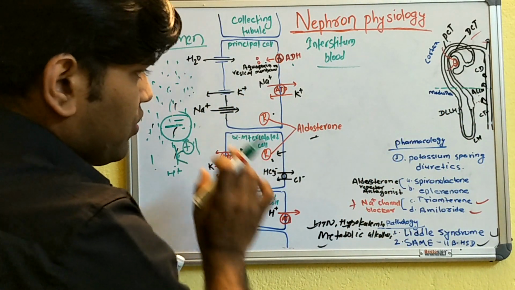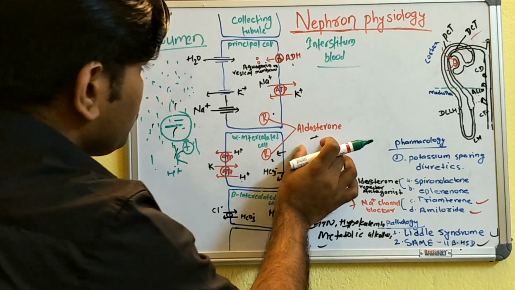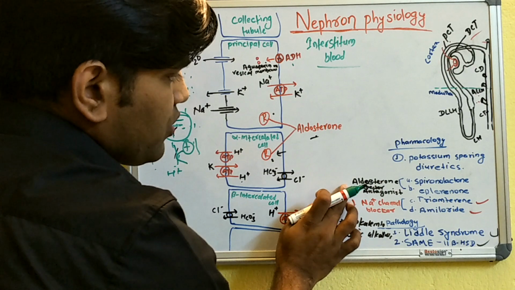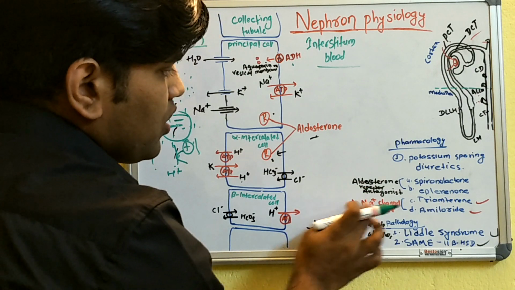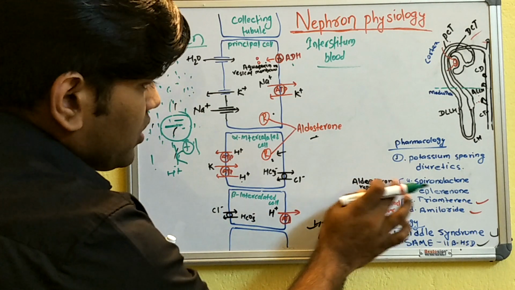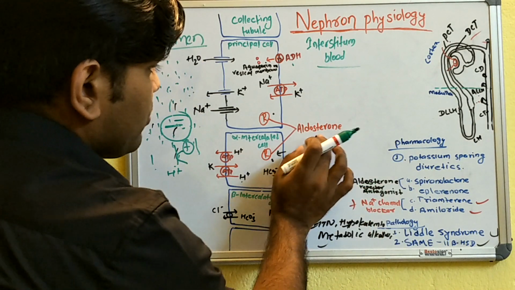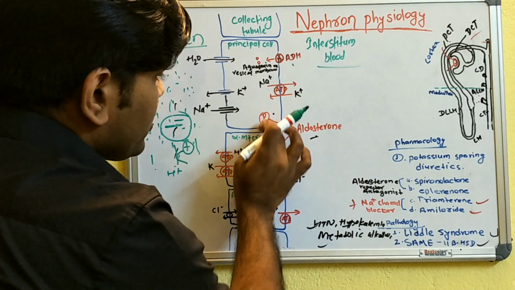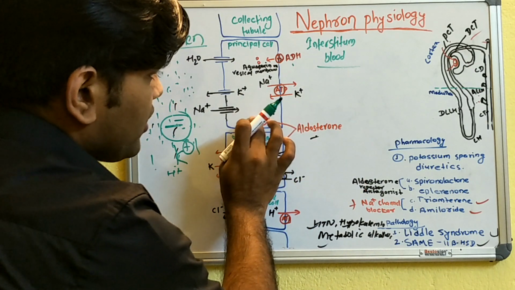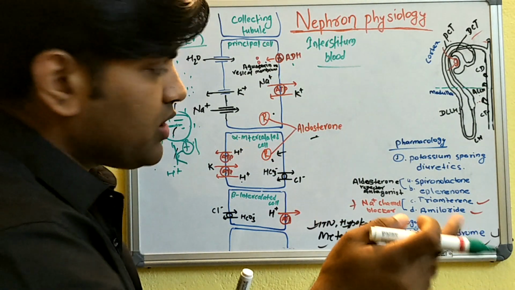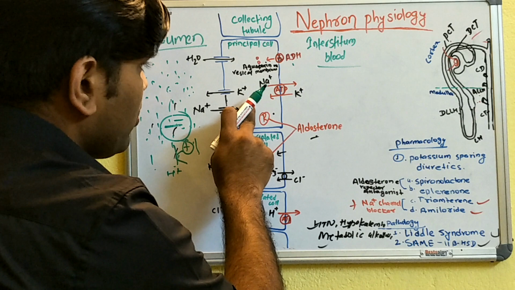Since you have understood the physiology, there are two types of potassium sparing diuretics. One is the aldosterone receptor antagonist and another is the sodium channel blocker. Now see, when you are using this aldosterone receptor antagonist, you are blocking aldosterone. Since the receptor is blocked, there is no activity of the increased ATPase, so the sodium potassium ATPase is blocked. So no lack of sodium here.